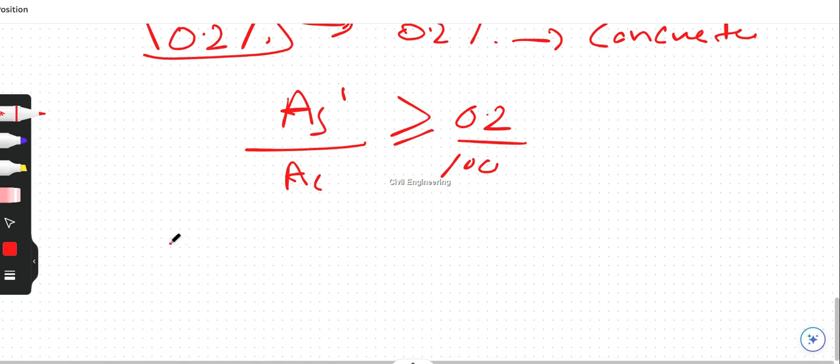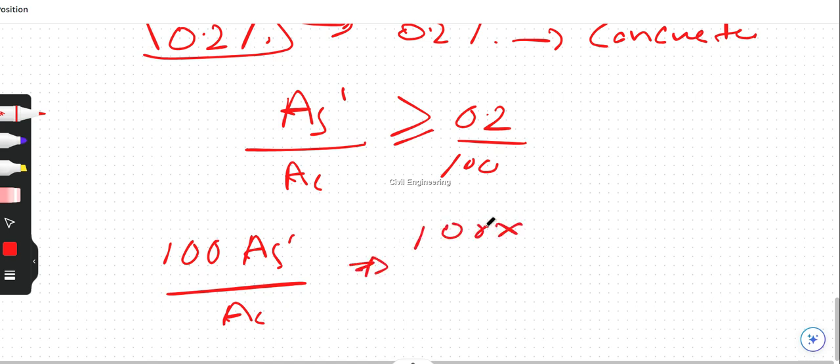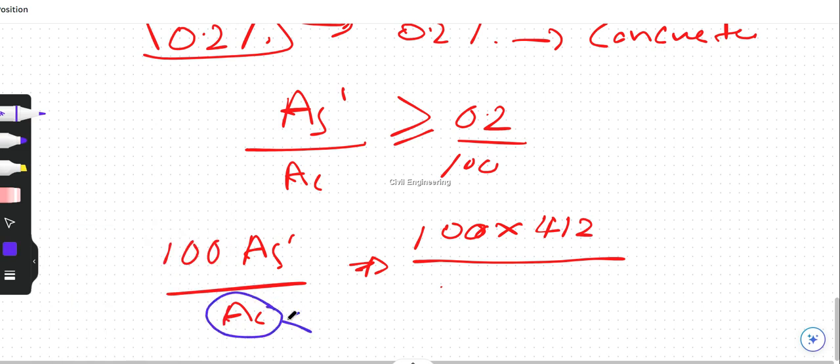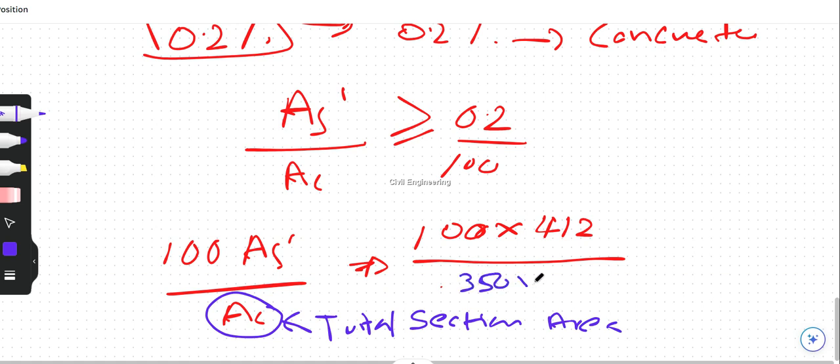As our general practice, we take it as 100 As' over Ac. Let's check what's the value for it. As' is 412. Ac is the total concrete area, not the compression zone. This is the total section area, that is equal to 350 into 150.